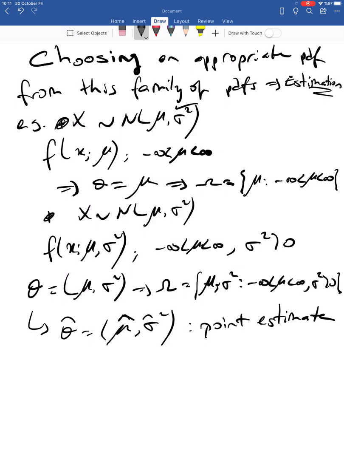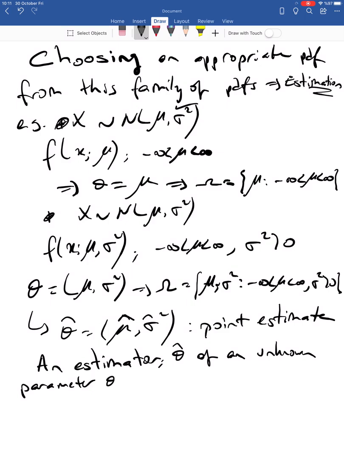When we have an estimator theta hat of an unknown parameter theta, basically it should be a statistic.